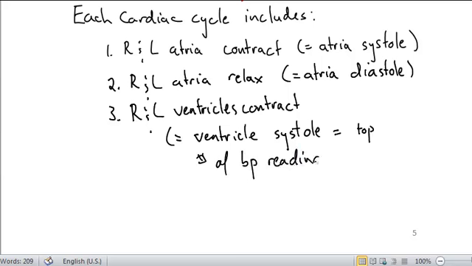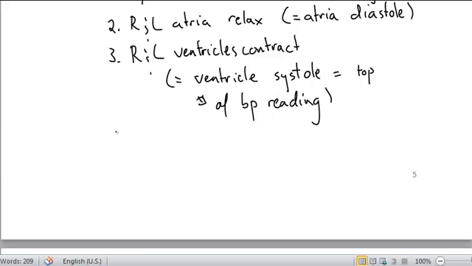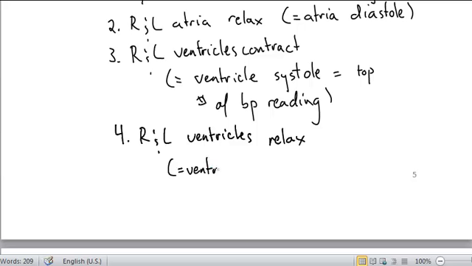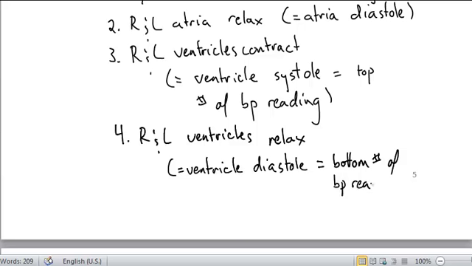So if you're measuring your blood pressure in your brachial artery in your arm, you're actually measuring the top pressure you reach due to ventricle contraction. And then we have right and left ventricles relax, which is what we call ventricle diastole. And that equals the bottom number of the BP reading, blood pressure reading. BP for blood pressure.